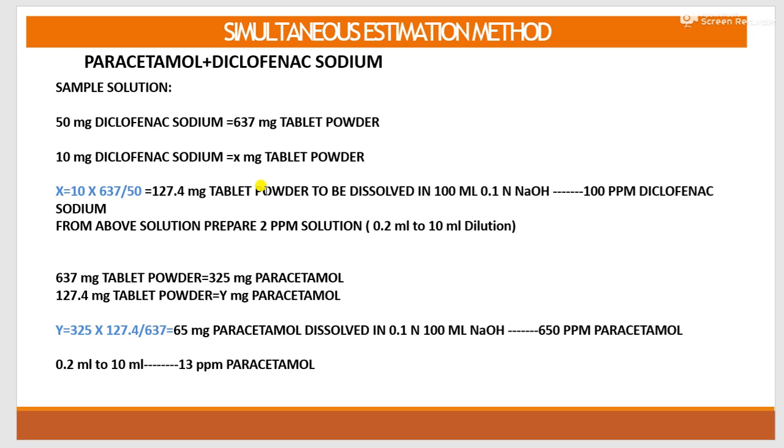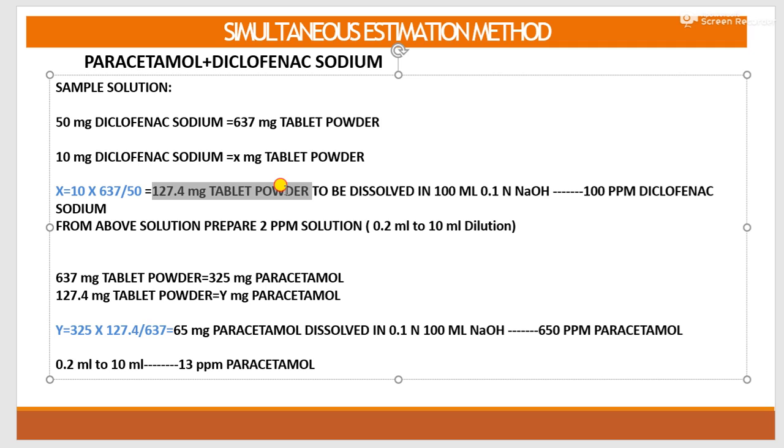So that means when 127.4 milligram of tablet powder was weighed to get 10 milligram of diclofenac sodium, at the same time 65 milligram of paracetamol was also there in that tablet powder, and we dissolved it into 100 ml NaOH. So 65 milligram of paracetamol dissolved in 100 ml comes to 650 ppm, that is 650 microgram per ml.